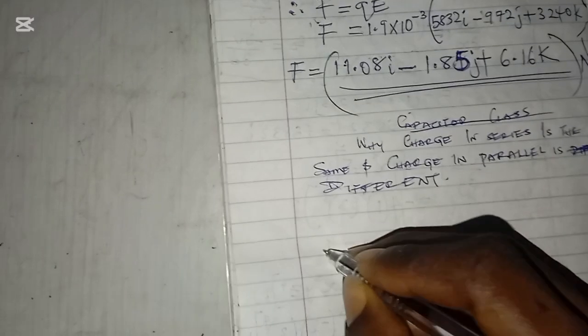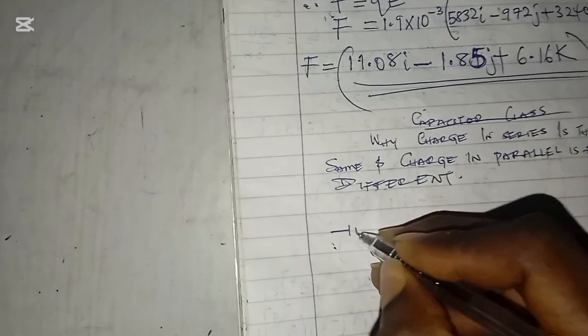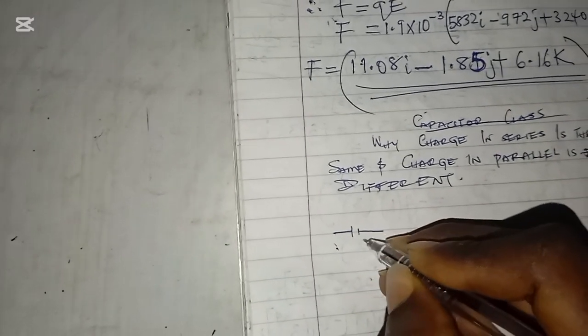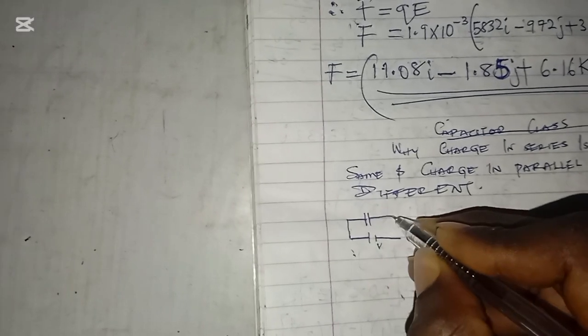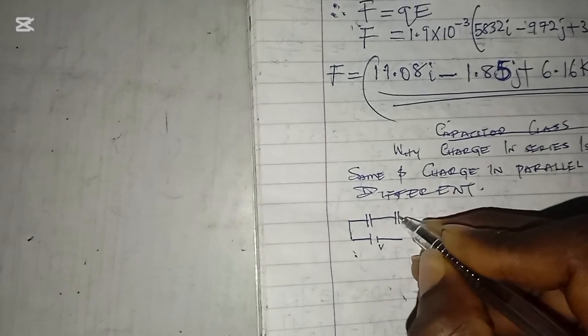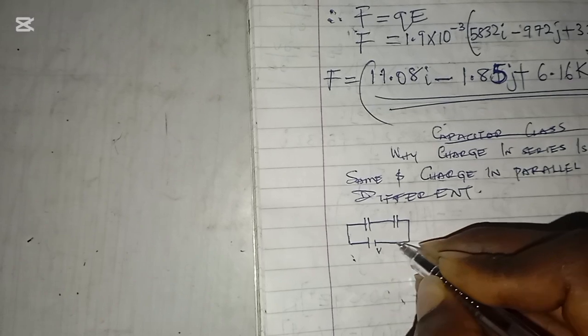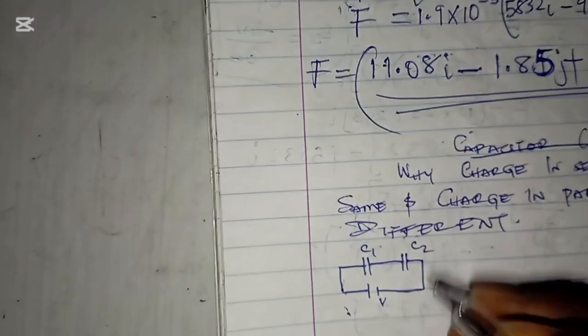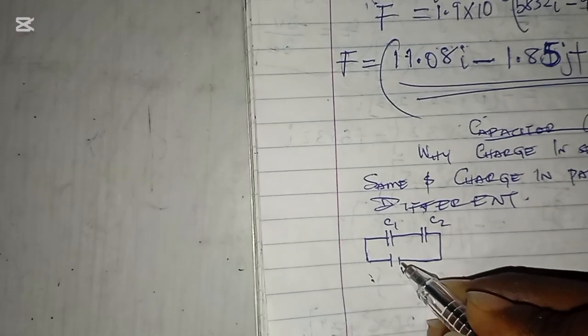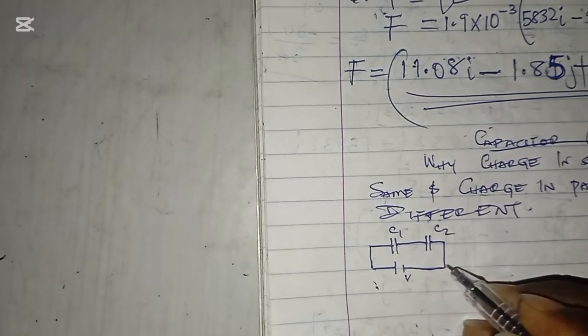Alright, so if I have, for example, let's say this is a volt. Let's say the voltage is here. Then let's say I have this now to be my capacitor. Let's say this is C1. Let's say this is C2. You can see very well that when charge flows, work done moving charge is volt.